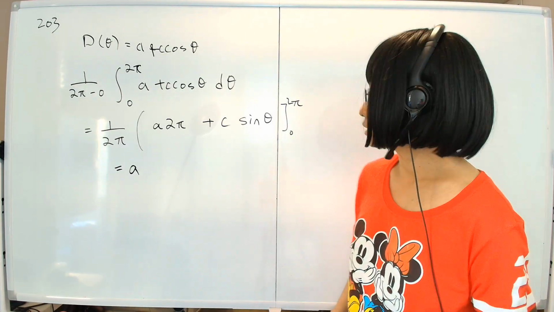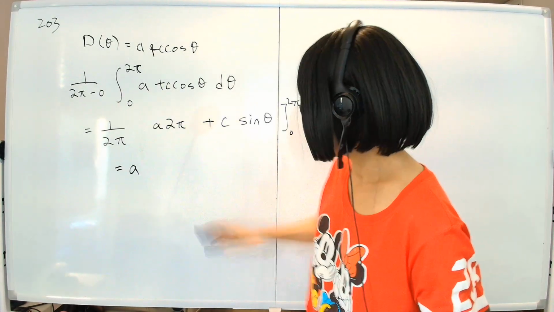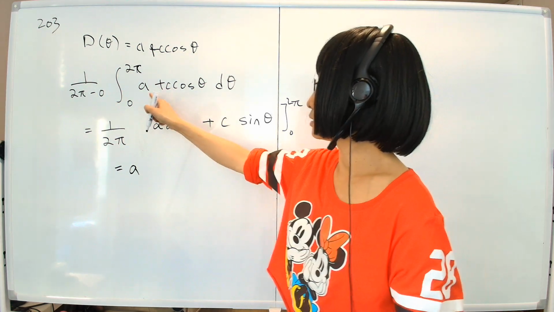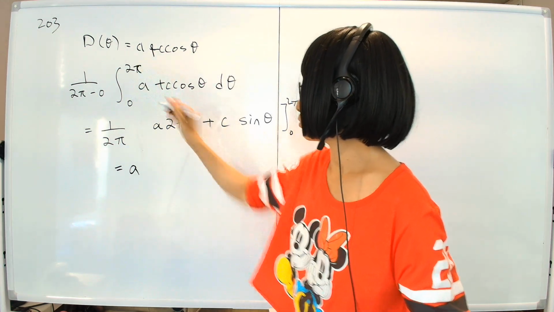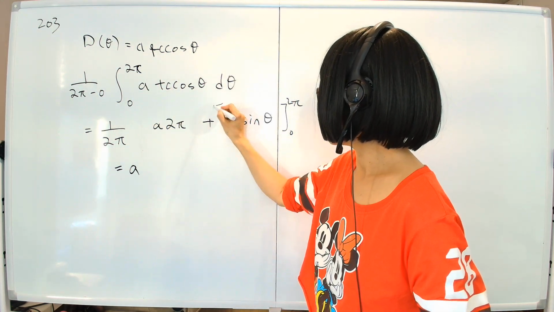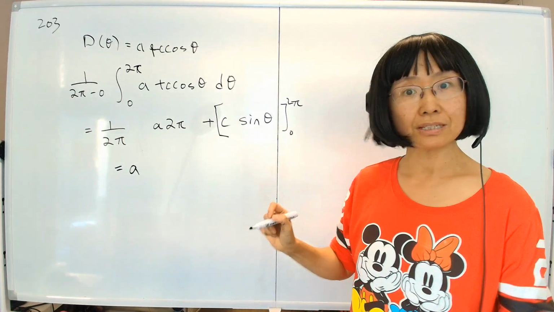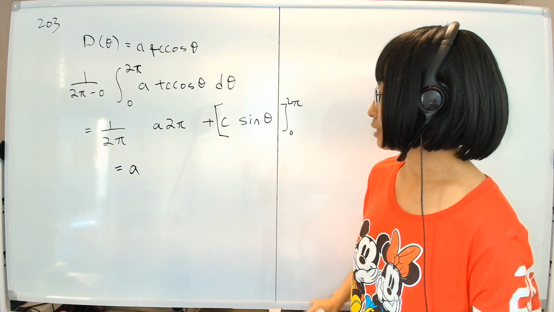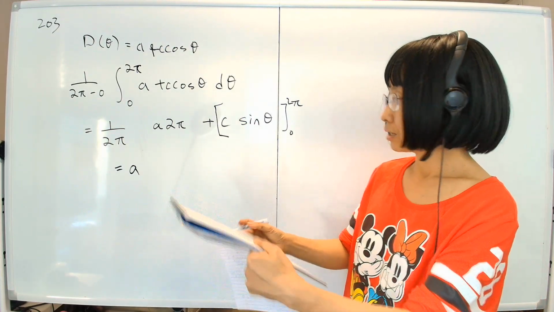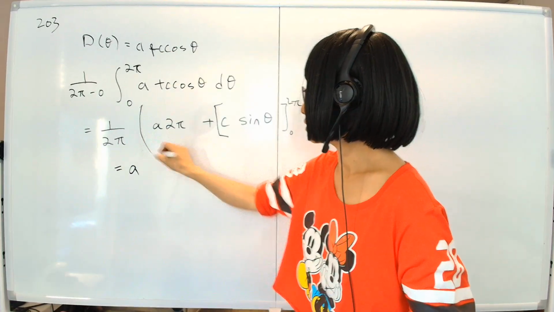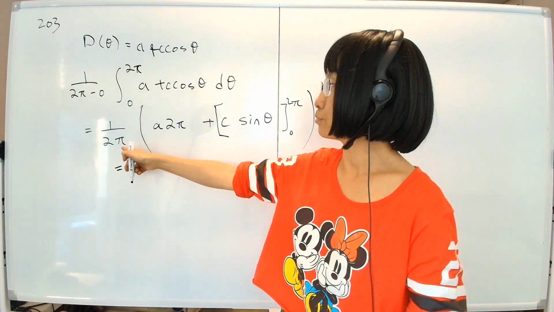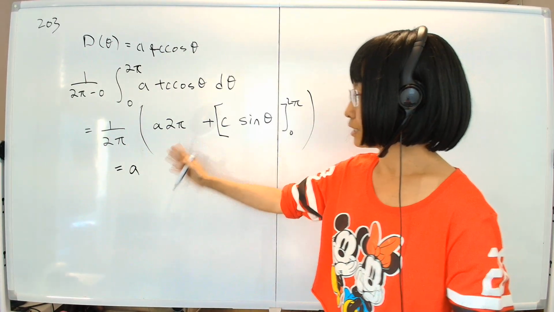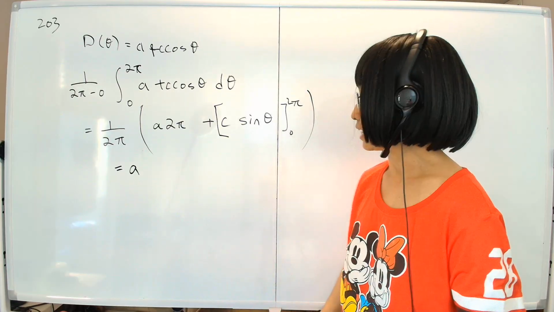Now I should draw this parenthesis right here, because this is a constant, the value is just a times 2 pi. So the evaluation only includes this part. But this thing is all multiplied by the 1 over 2 pi. So that's why the answer eventually is a. All right.